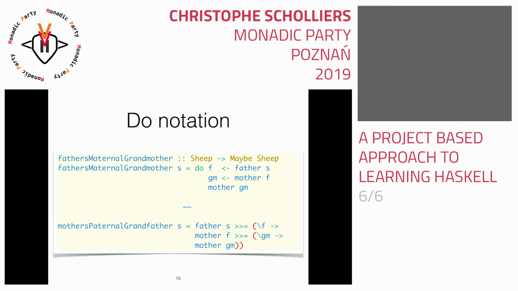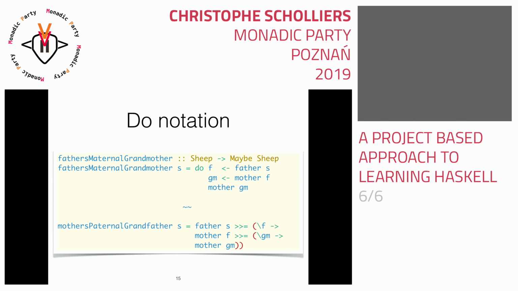So we start by taking the father. That's this part, right? And then we use this bind operator, and remember that the bind operator takes an M A, this part, and it takes a function that takes an A and gives back a Maybe B. So this bind operator is either just going to return Nothing, or it's going to apply this function in case it was a Just something.